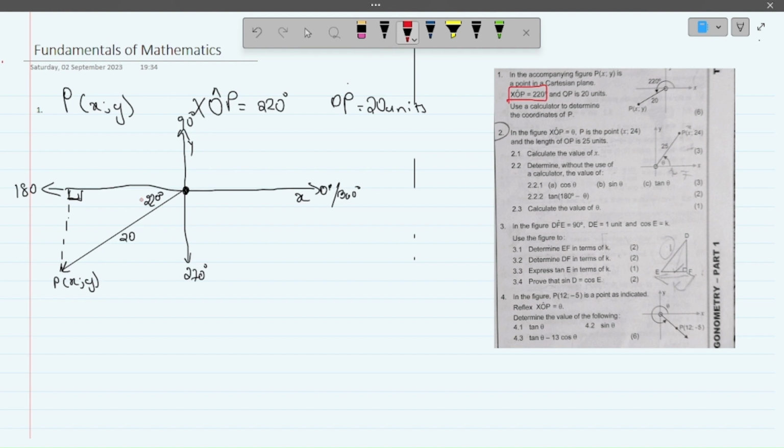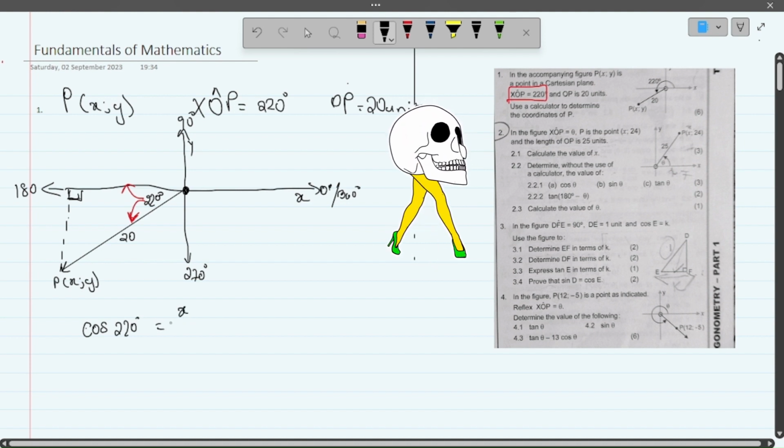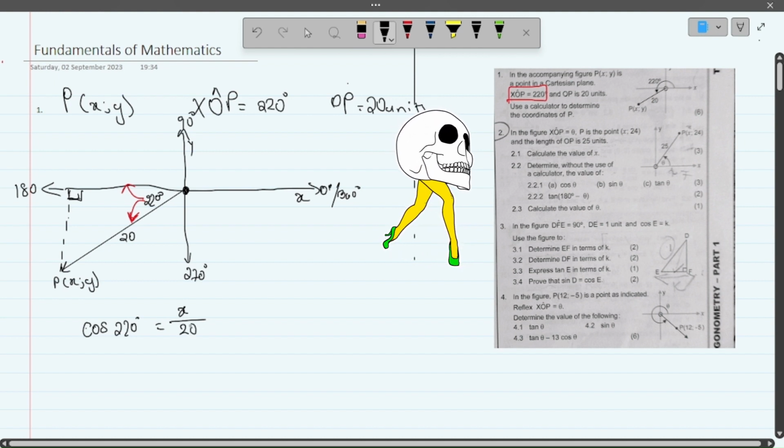Through the trigonometric ratios, to find the value of x we use adjacent over hypotenuse, so cos 220 degrees is x, the adjacent side, over the hypotenuse, which is 20 units.